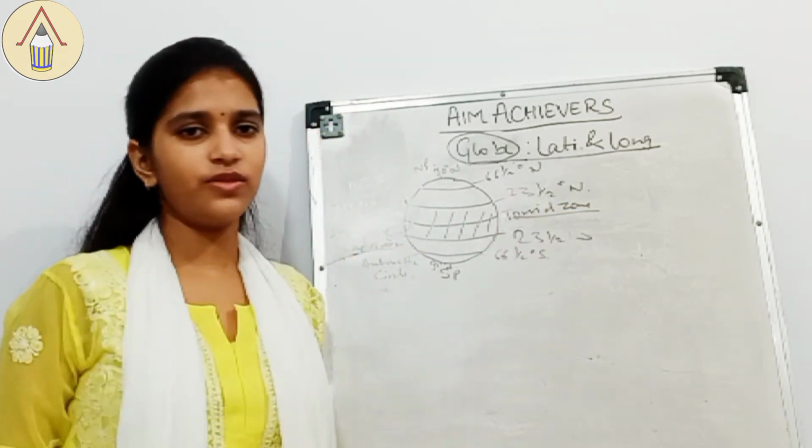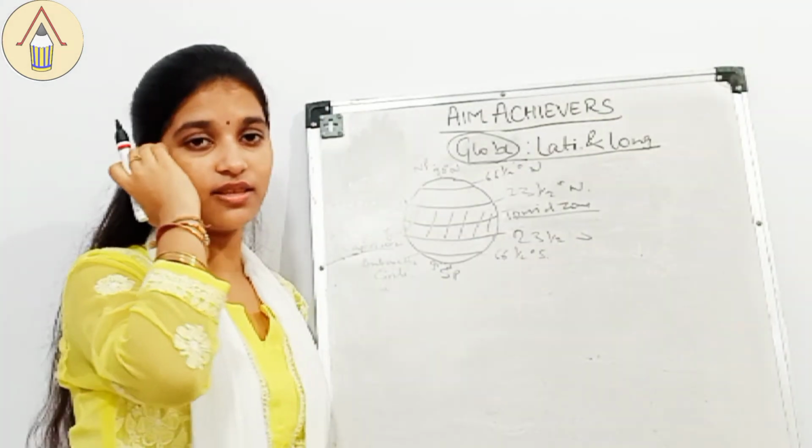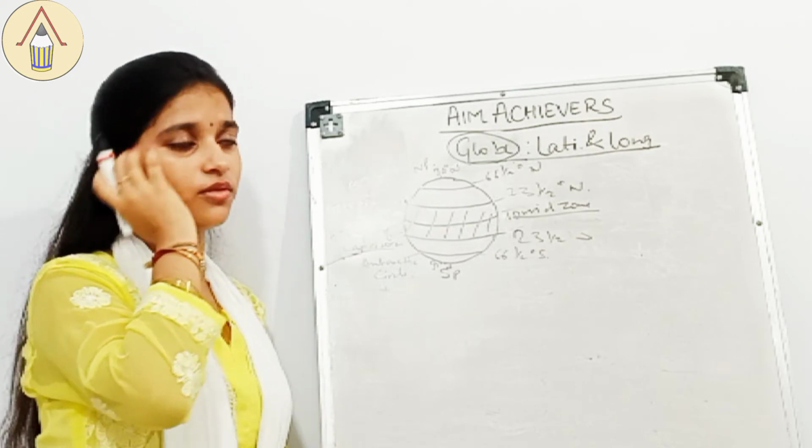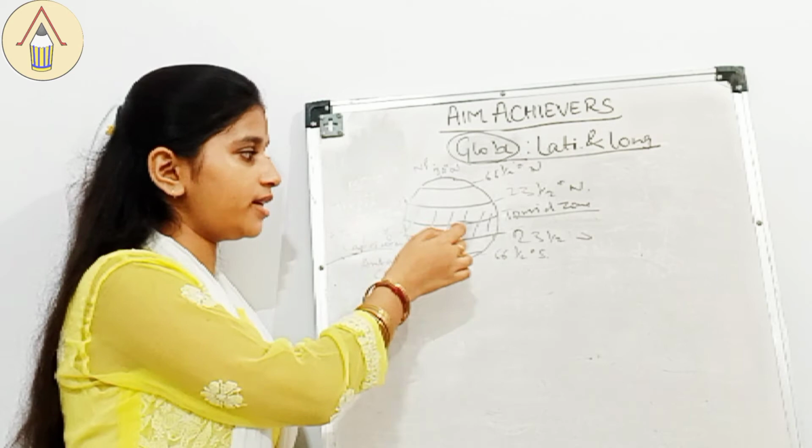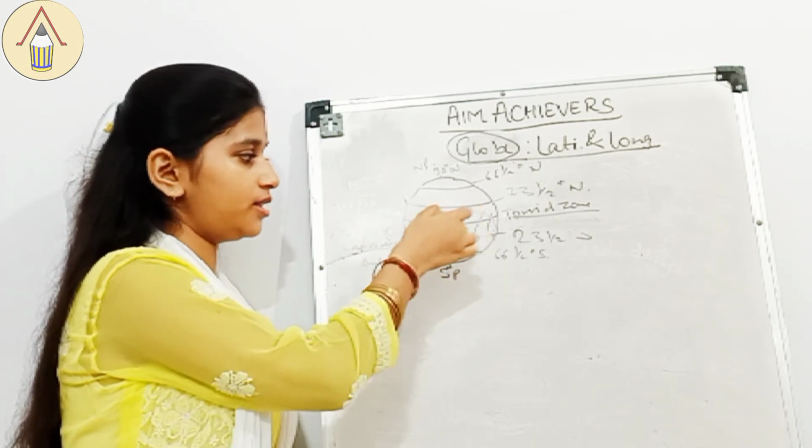The heat is immense where direct sun rays fall on the equator. So the most heated area, the most hot area, is this one.